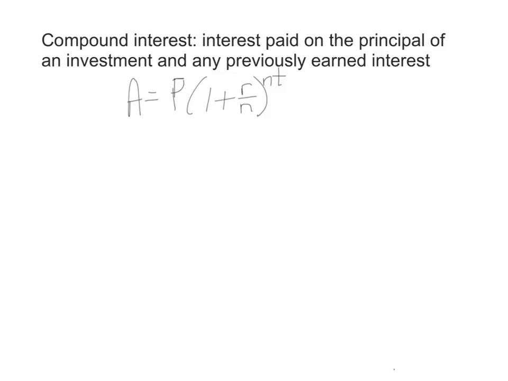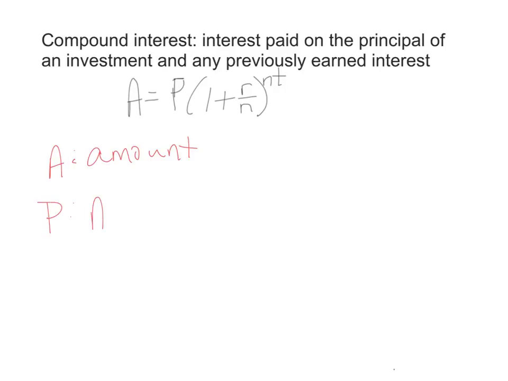Now, we talked about compound interest yesterday. That's interest paid on the principal of an investment, and then any previous interest earned as well. So our formula is A equals P times 1 plus r over n raised to the nt, where A is our amount after the interest is found on the principal.